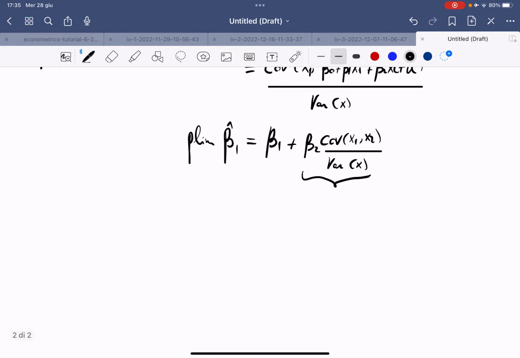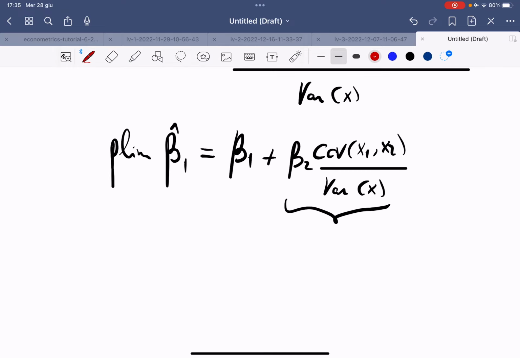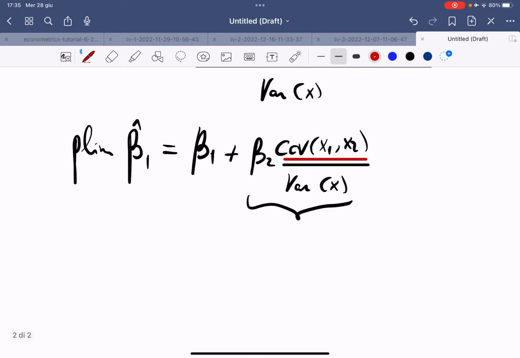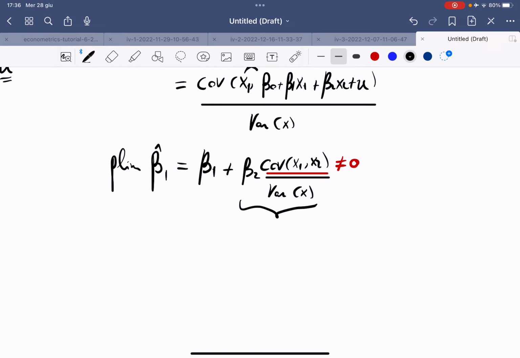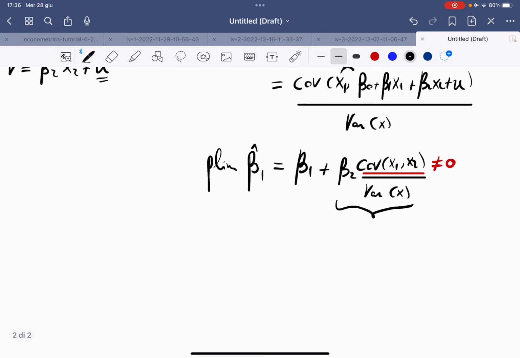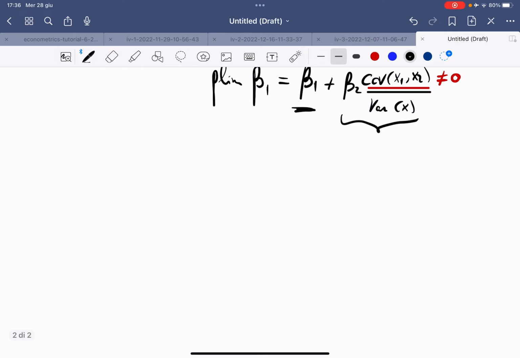To have consistent estimates, this term has to be equal to 0. Whenever it is different from 0, we have a bias, and so it will be inconsistent, because in the probability limit it will not converge to the actual value.